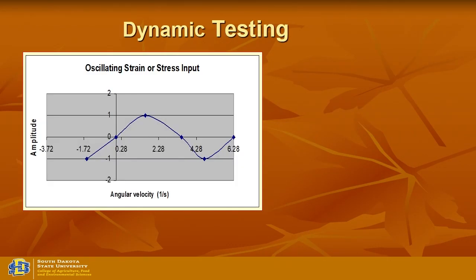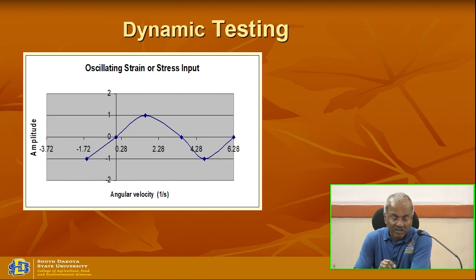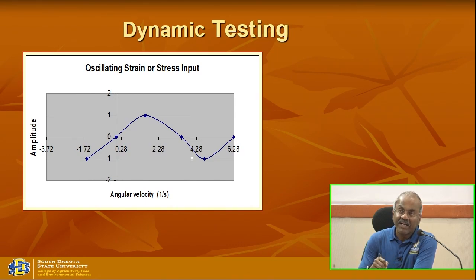So how do you do the dynamic testing? Basically either an oscillating strain or oscillating stress input. What you see here is a sinusoidal wave going from negative to positive and then negative and then positive. One way to look at this is the current we get from the outlet, that is alternating current.